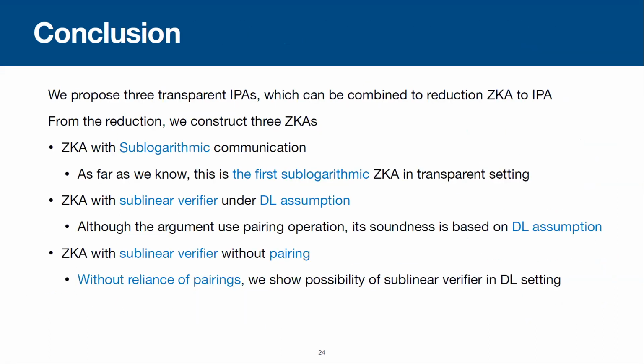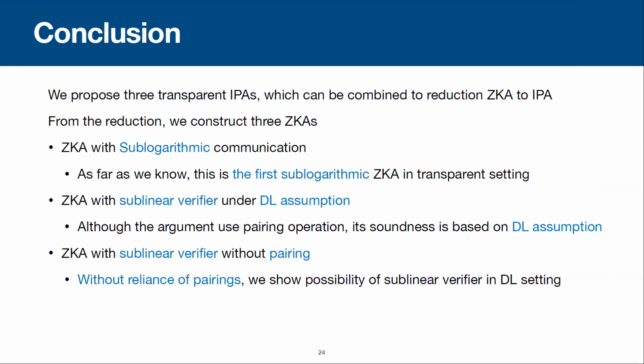So this is the conclusion. We propose three transparent IPAs, which can be combined with the reduction from GKA to IPA. From the reduction, we construct three zero-knowledge arguments. First, a zero-knowledge argument with sub-logarithmic communication. As far as we know, this is the first sub-logarithmic GKA in the transparent setting.